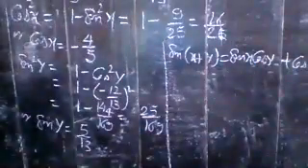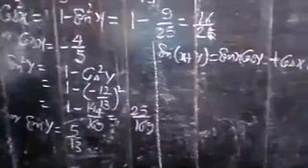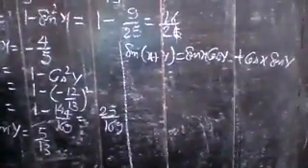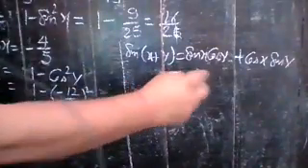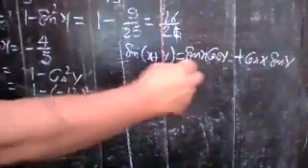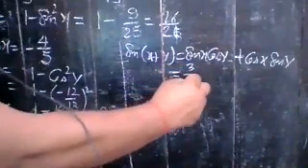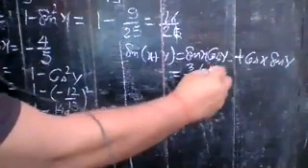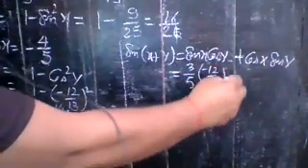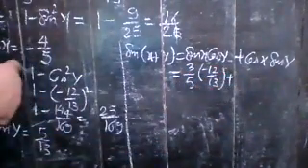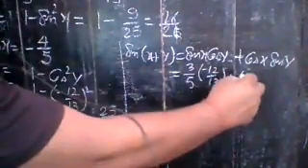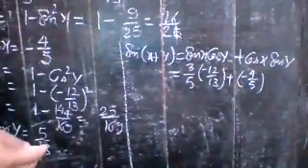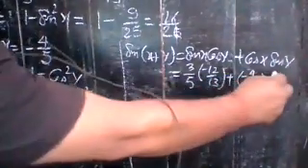Putting its values: sine x is 3 by 5, cos y is minus 12 by 13, plus cos x, minus 4 by 5, and sine y, 5 by 13.